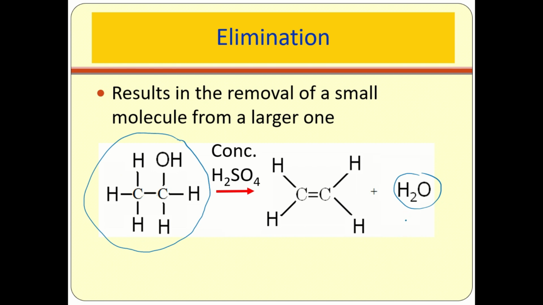Another very small molecule that is always eliminated is HCl, or methanol. So if you see that we only start with one larger molecule and at the end there's a small molecule being removed, water, HCl, or methanol, that kind of reaction is called an elimination.